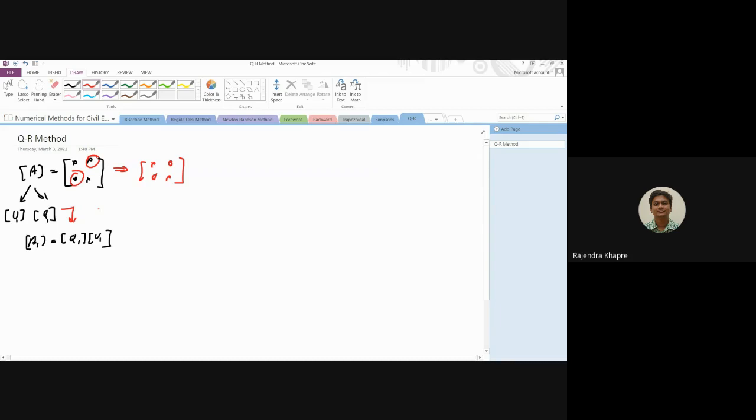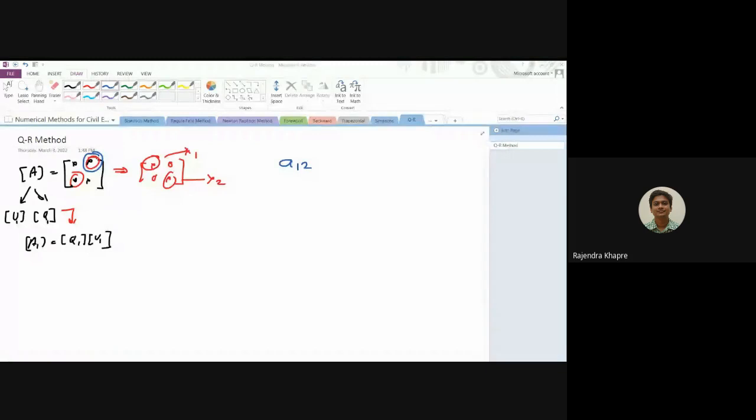Once it is converted, these two values will be nothing but your eigenvalues lambda 1 and lambda 2. Now you try to understand that we are trying to eliminate this particular element. This element is A 1 2.